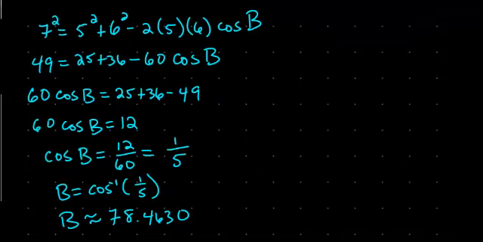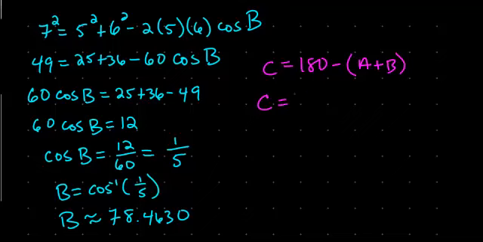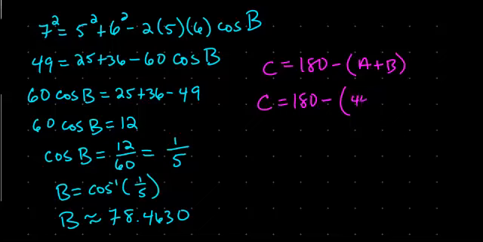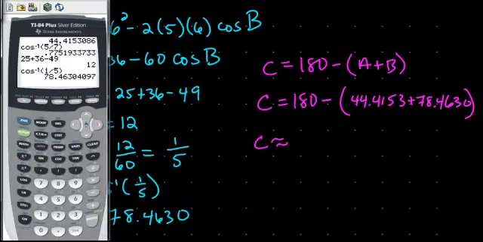So angle C is going to equal 180 minus A plus B. So C is going to equal 180 minus, what was A? 44.4153 plus angle B, 78.4630.